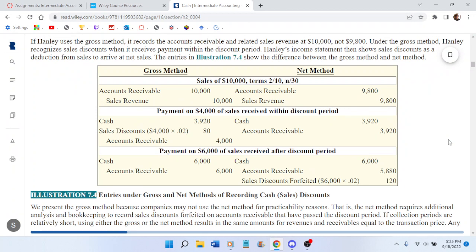Okay, here's what happened. The customer paid $3,920 because they got some discount. So they paid that much, but it actually counted for $4,000. So therefore, sales discounts is an account.